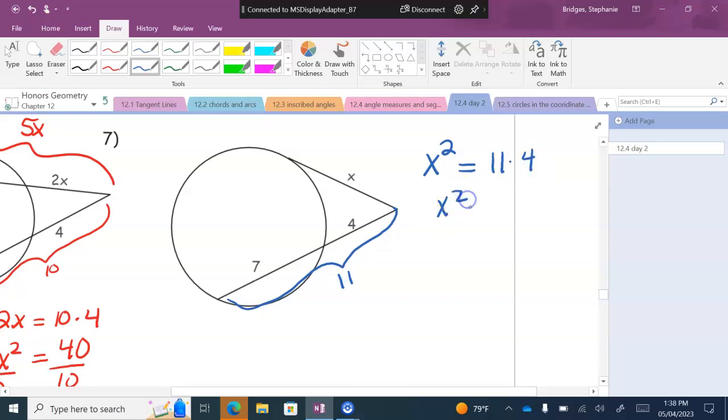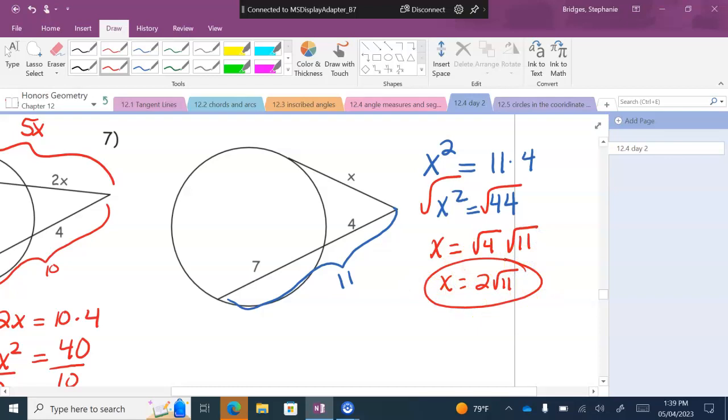So x squared is going to equal 44. Okay. 44 is not a perfect square, but we can split it into 4 times 11. Tangent squared equals whole secant times outside piece.